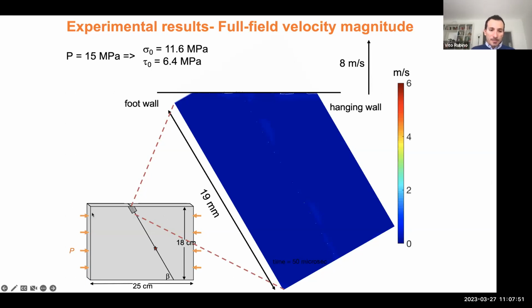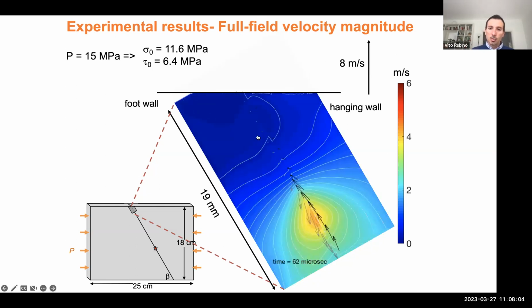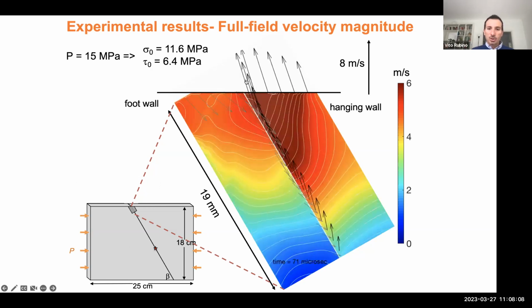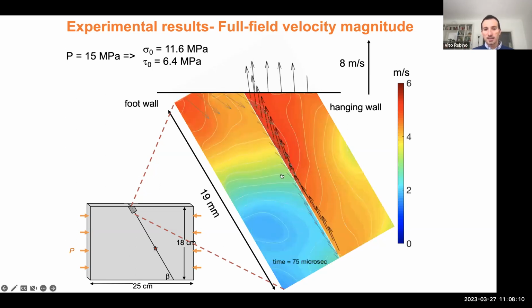So here I'm showing this field of view, which is taken from this region close to the free surface. And we have a rupture, scale here is in meters per second. We have a rupture coming from the bottom and going towards the free surface. As you can see, the rupture reaches the free surface, and then it's reflected.